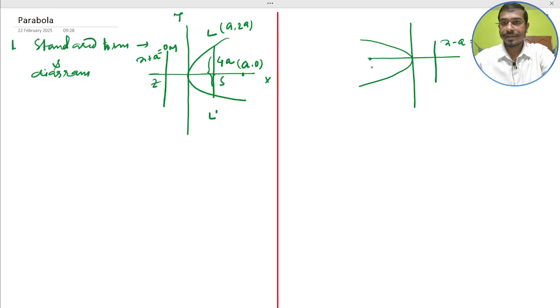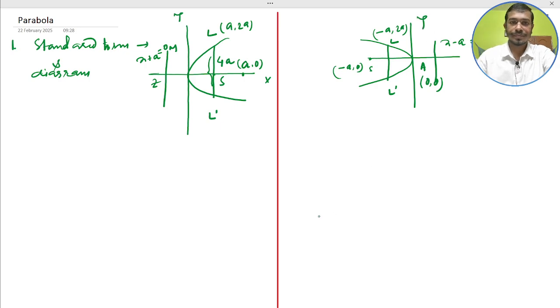Here the point is minus a, 0, and this point minus a, 2a. Okay, basically the L dashed. This is a point 0, 0. This is y.